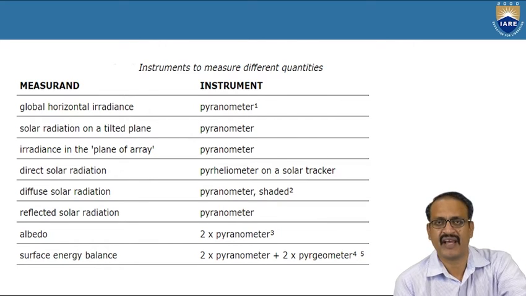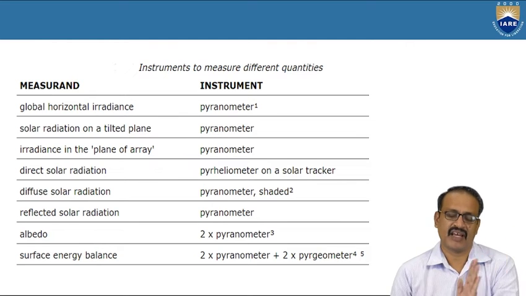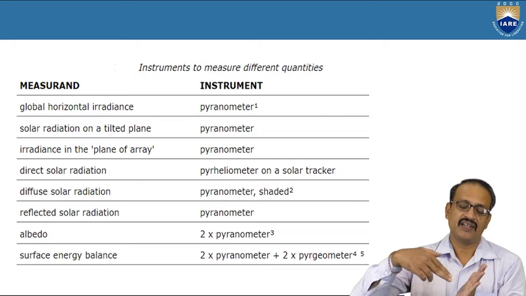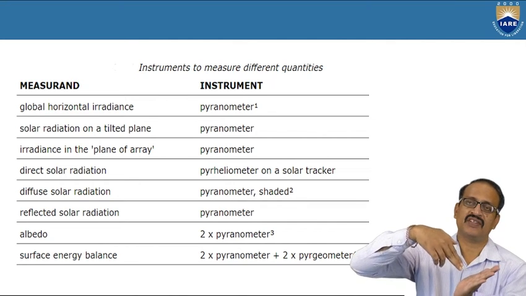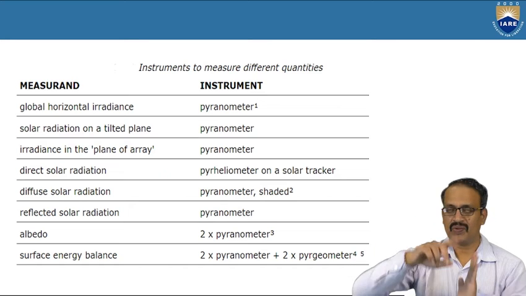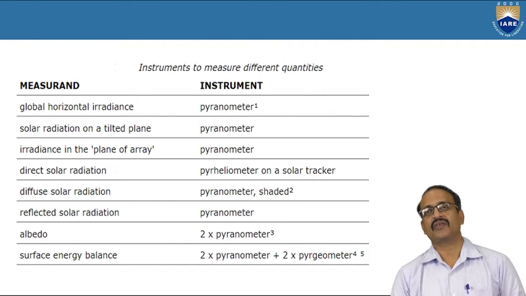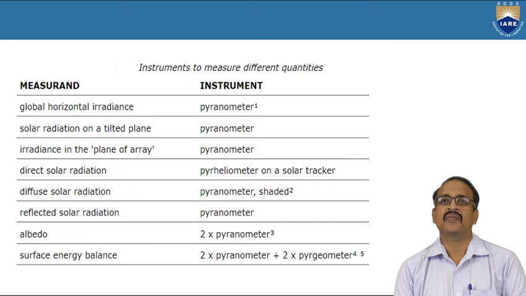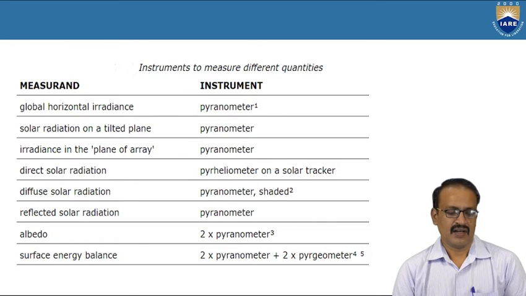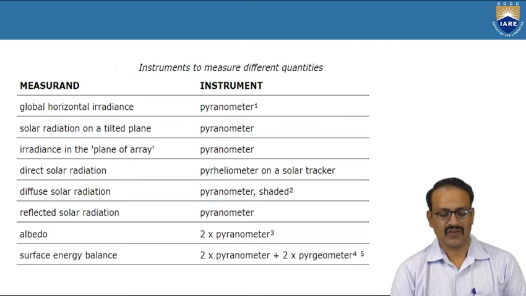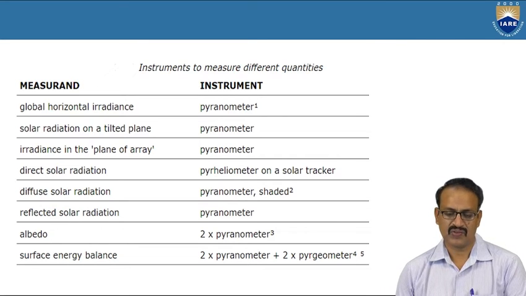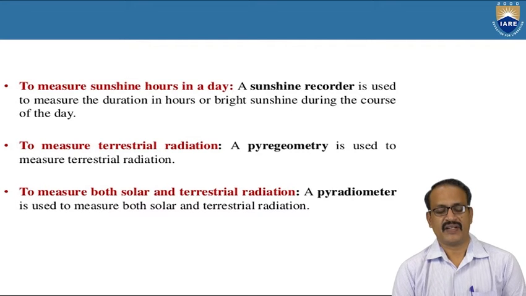Pyheliometer and a solar tracker. So if it is tracking, exactly, the sun angle changes, so it will move such that the rays are perpendicular to that module. So there we are going to use the pyheliometer. Again, diffuse radiation, pyranometer; albedo, pyranometer; and surface energy balance, pyranometer. So all these things we are going to use the pyranometer.